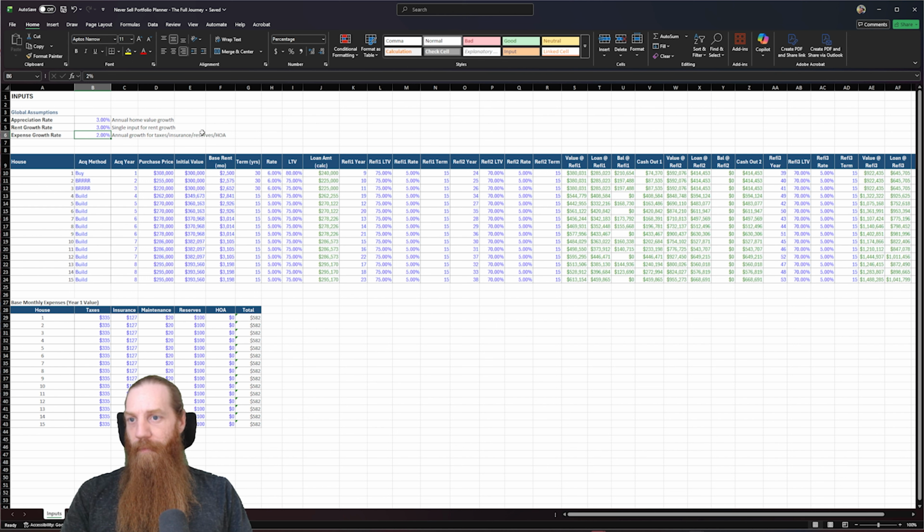Reserves, that can change over time, so be aware of that. In this workbook, it won't. It's just going to be a flat 2% or whatever percentage you put in here increase each year. But reserves, typically, if you don't use a lot of your reserves in, let's say, the first couple years, you're still going to have that money left for reserves going forward, right?